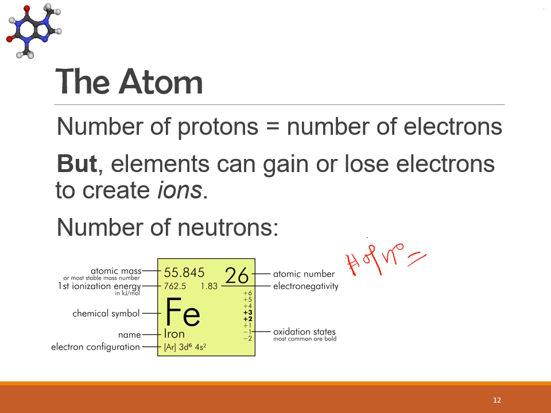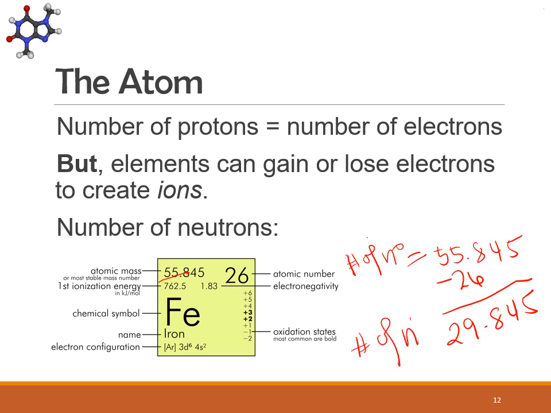The atomic mass of iron is written here, 55.845. Subtracting the atomic number, 26, gives us 29.845. So, the number of neutrons of iron is 29.845.